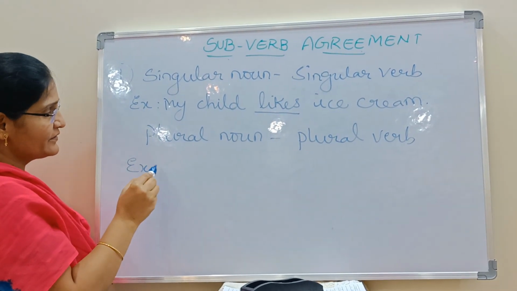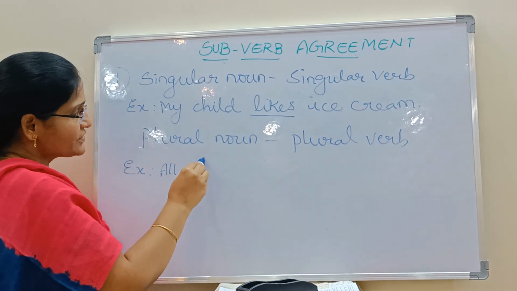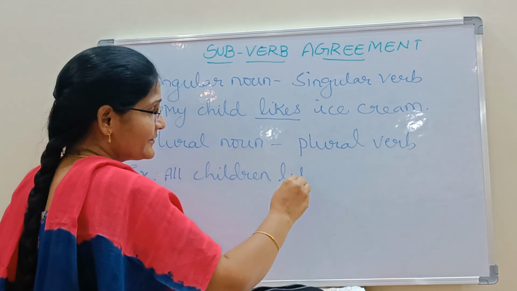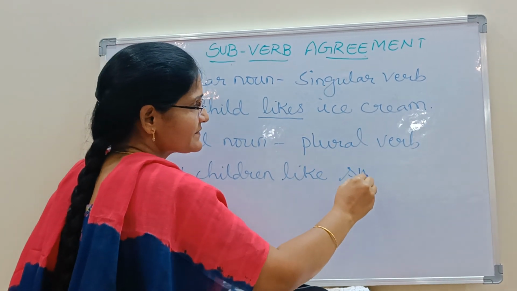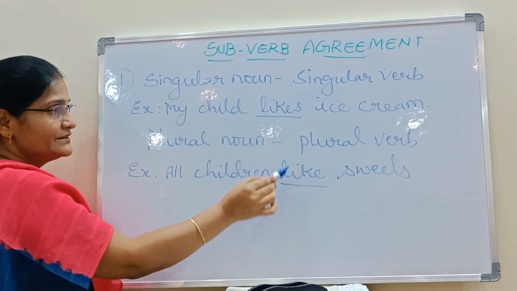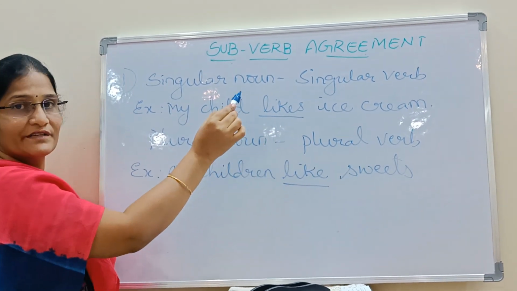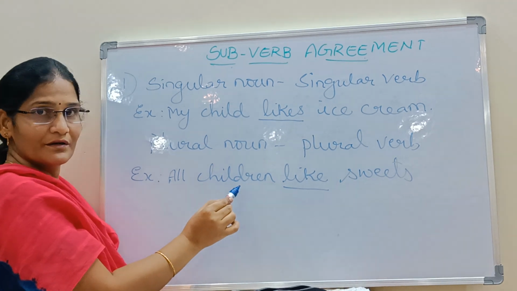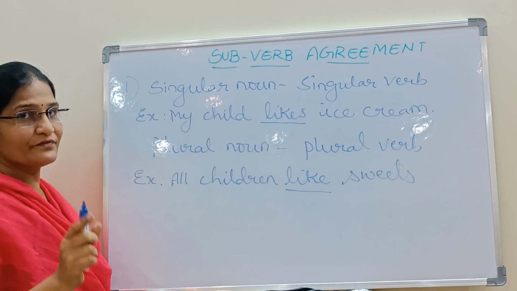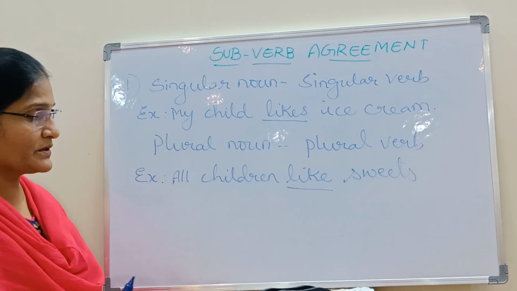Here is an example for this also. All children like sweets. See, like here is a plural verb. Children is plural, so I have used a plural verb. This is the first rule you need to remember.